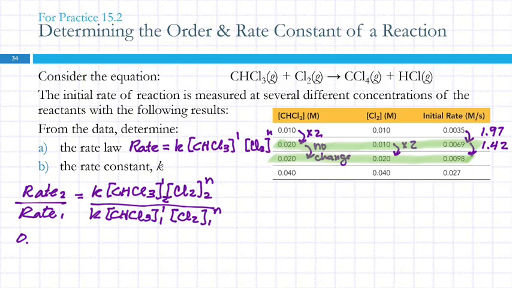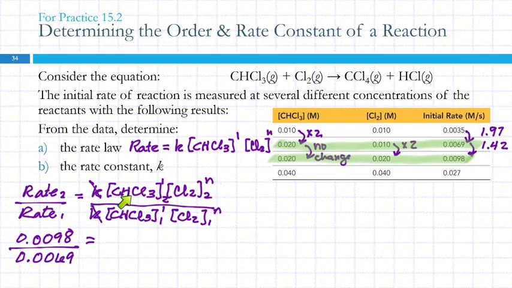Okay, so 0.098. And the rate in the first example there is 0.0069. Does the rate constant change? No, that cancels out.